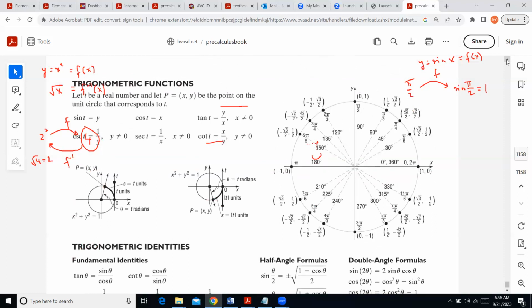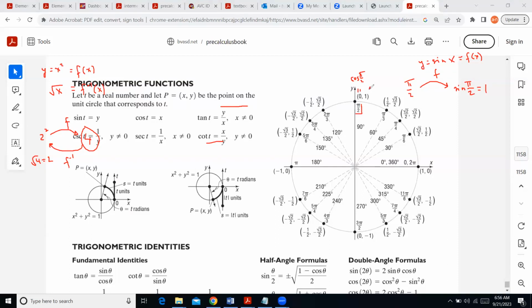So here's that circle that we, I hope, are already familiar with a little bit. We'll get more familiar with it, no worry. So if you have angle pi over 2, which is 90 degrees, then its cosine is the first coordinate or x coordinate, which is 0.